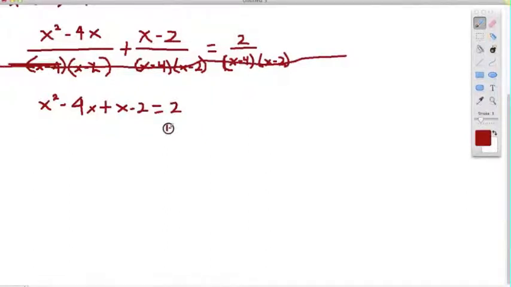So if we do that, that would give us x squared minus 3x minus 4 equals 0.